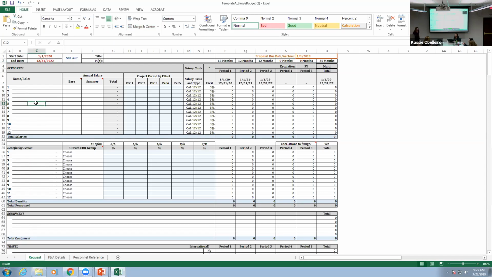Okay, I'll come help you. Let me help you. Okay, so it says does not match the validation restrictions. Okay, 1/1/20, and it won't let you do 1/1/19. Oh, thank you.